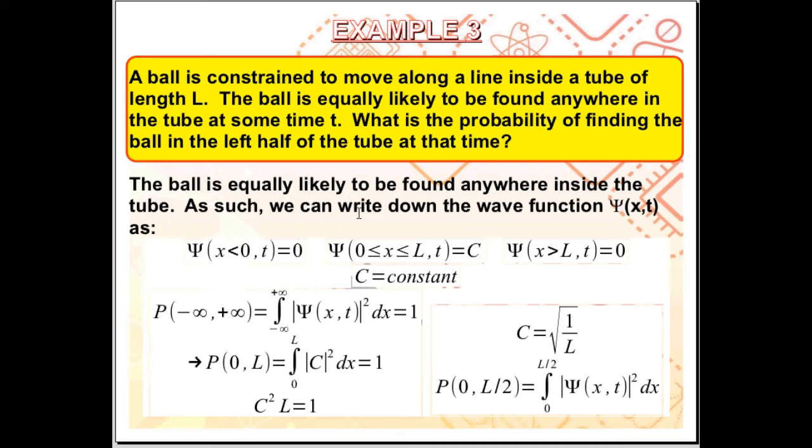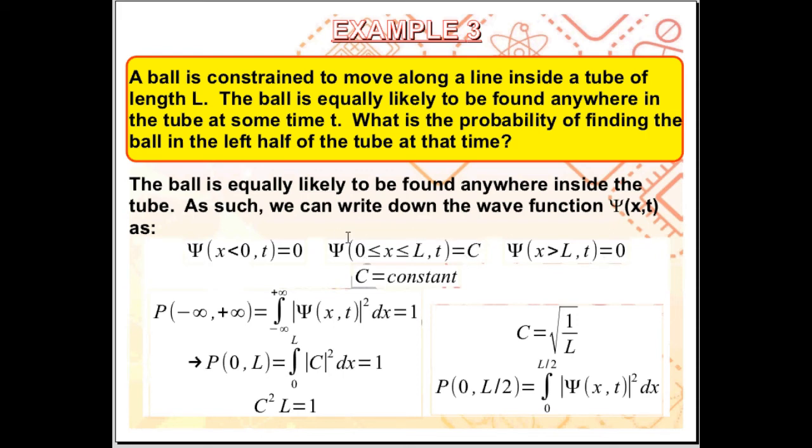Mathematically, we can show this not using Schrodinger's equation, but using the concept of the wave function. The ball is equally likely to be found anywhere inside the tube. As such, we can write down the wave function capital psi of x, t as shown. Psi of x, t is 0 for x less than 0, and for x greater than L the wave function is also 0.